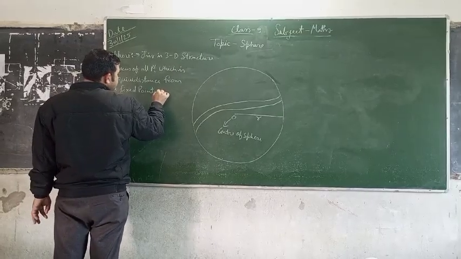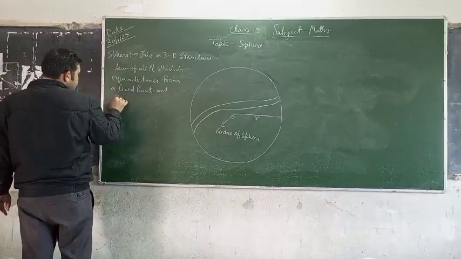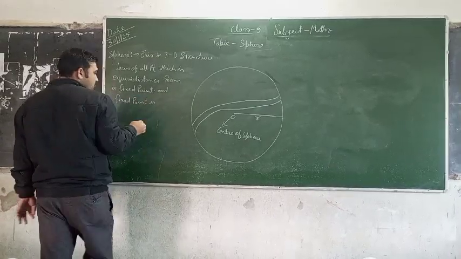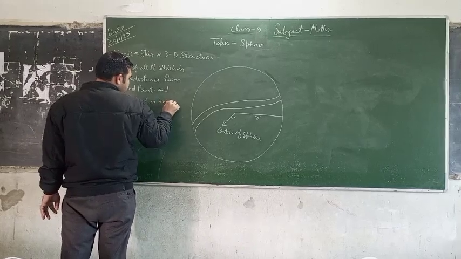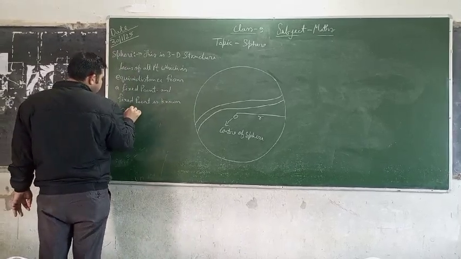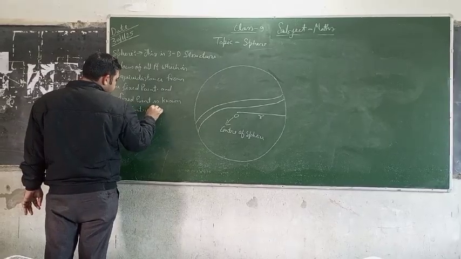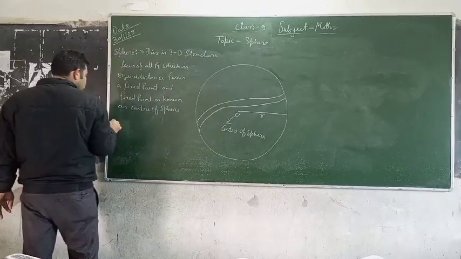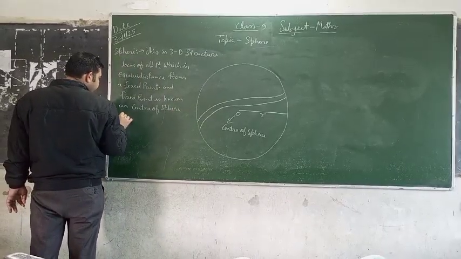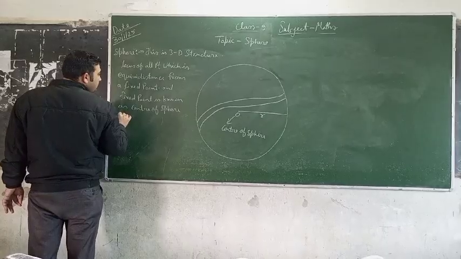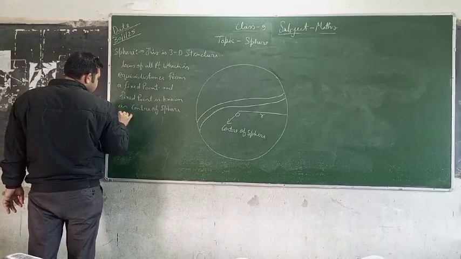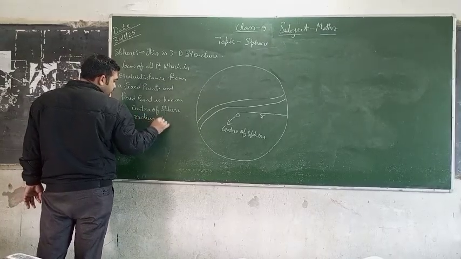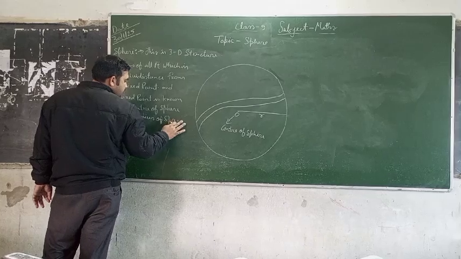That fixed point is known as the center of a sphere, and the fixed distance, that is r, is the radius of a sphere.